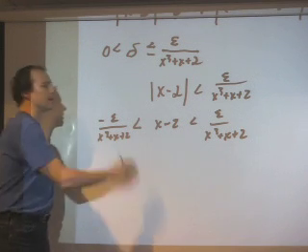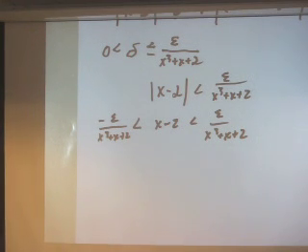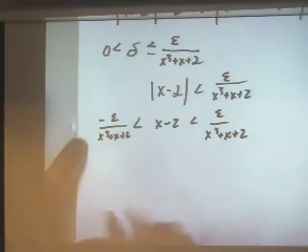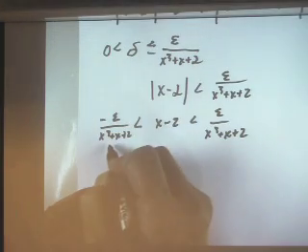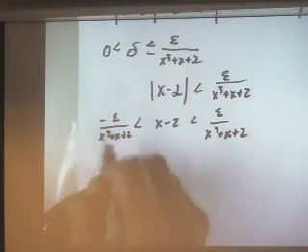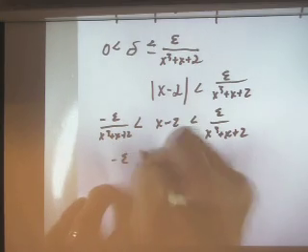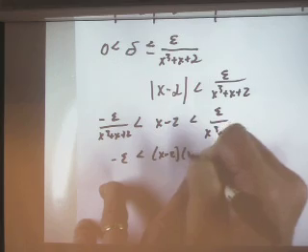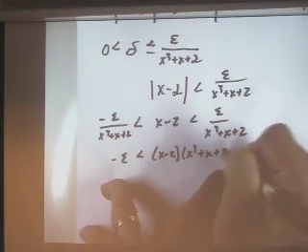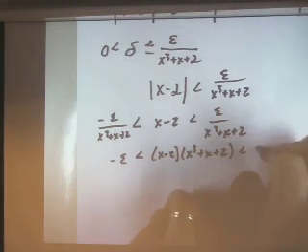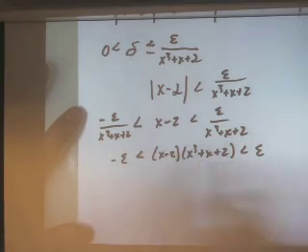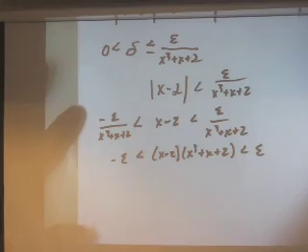So this expression is positive, at least where we're interested. Since it's positive, I can multiply through this inequality without having to flip my inequality symbol. So I'm going to multiply through by that denominator to get negative epsilon less than x minus 2 times x cubed plus x plus 2, which is less than epsilon. And I don't have to flip my inequalities because this is positive for all x values near 2.